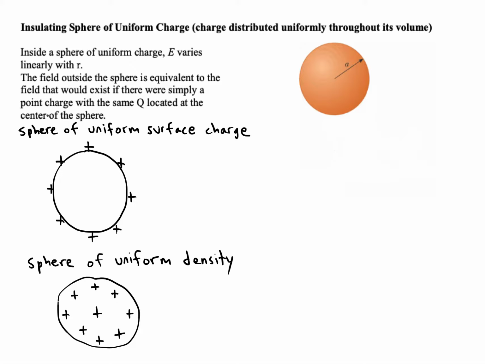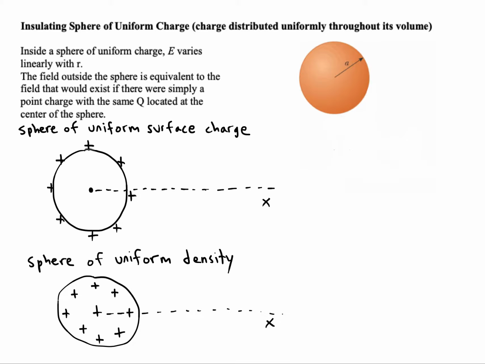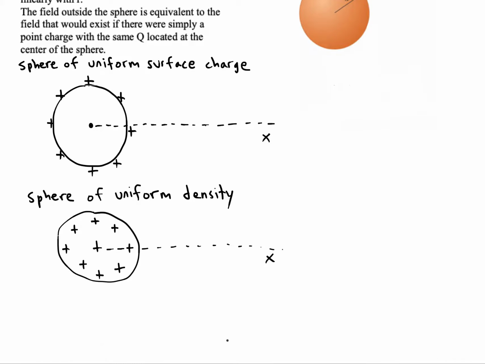Let's do an analysis of both situations. We're going to have an axis for each, and compare it to a familiar situation from the past, a point charge.